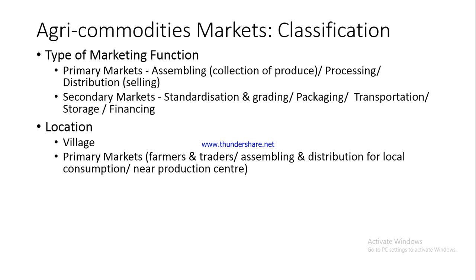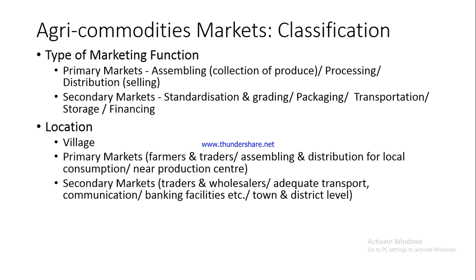But please understand, this is a primary market, which has a very narrow scope. It is only meant for assembling and distribution, only for local consumption. And generally these markets are found near the production centers, near the fields, near the farms, and near the rural areas. So these kind of markets are called primary markets.